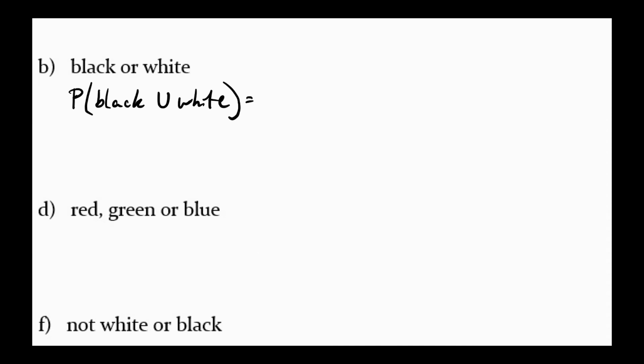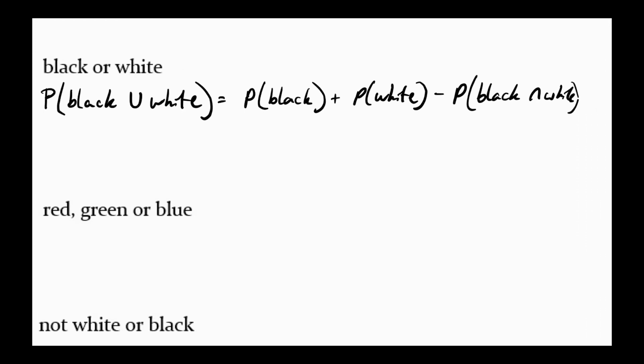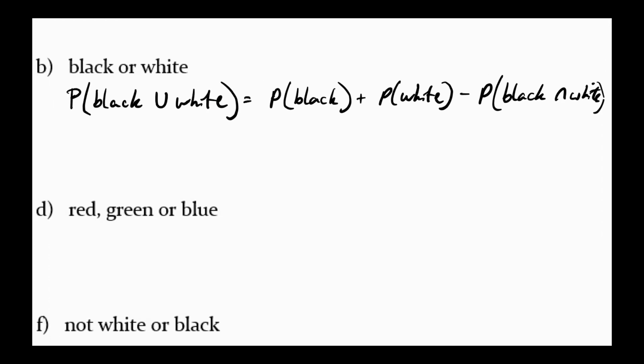So the probability of black plus the probability of white minus any overlap, black and white. All right, so what's the probability of reaching in there and pulling out a black marble? 7 out of 64?